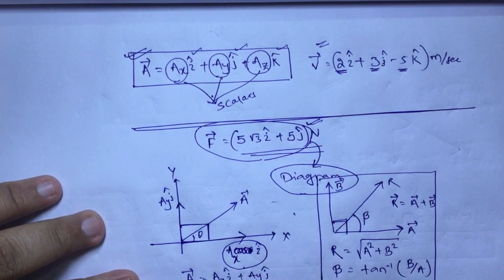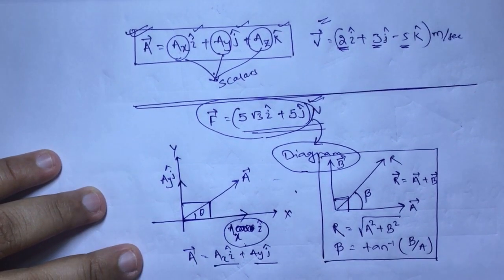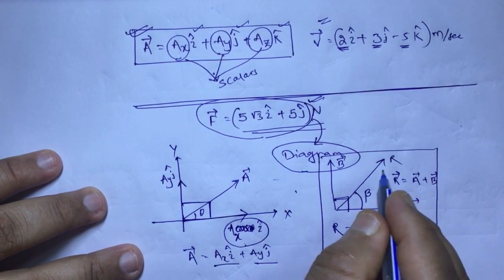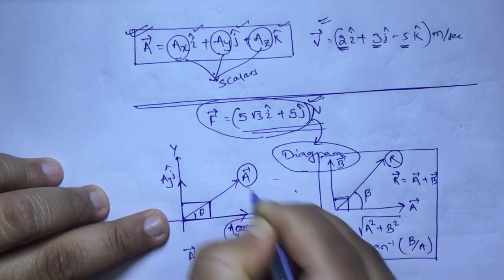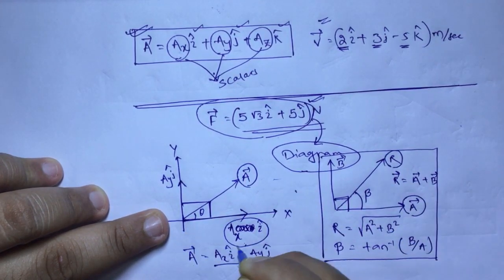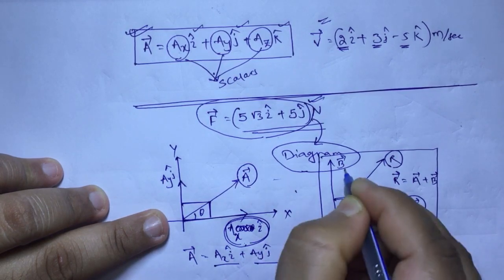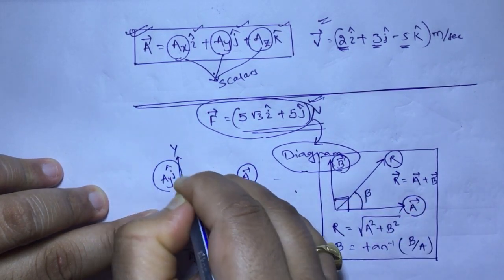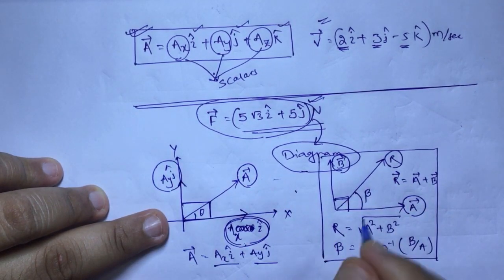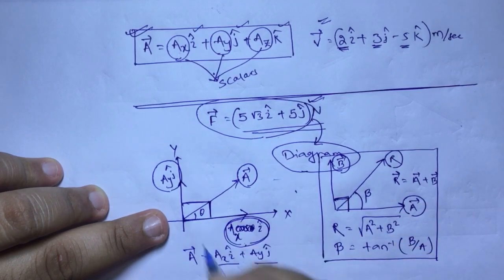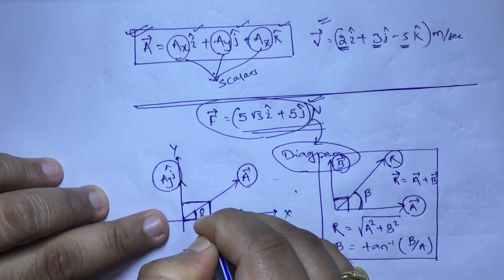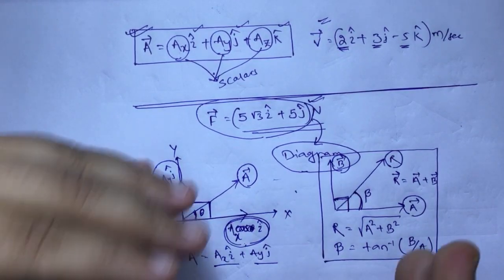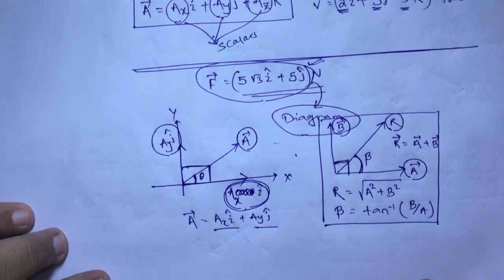There it was r, here it is a. There it was a vector, here it is ax i cap vector. There it was b vector, here it is ay j cap vector. There this angle is 90, here also this angle is 90. There this angle is beta, here this angle is theta. That was the difference.